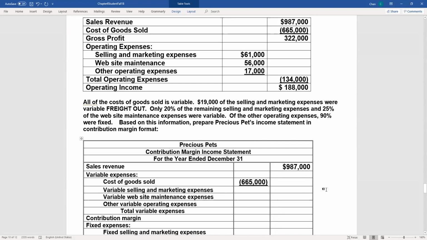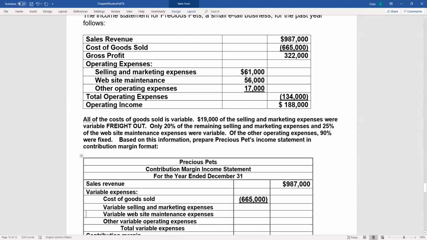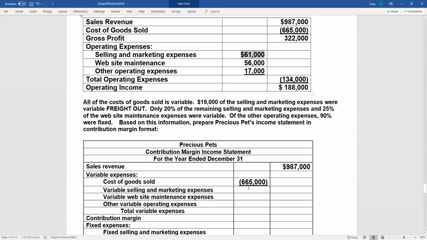So here we know that we have 19 here. So 19 of these are variable cost, okay? So 19,000 are variable cost. And then 20% of the remaining are also variable costs.